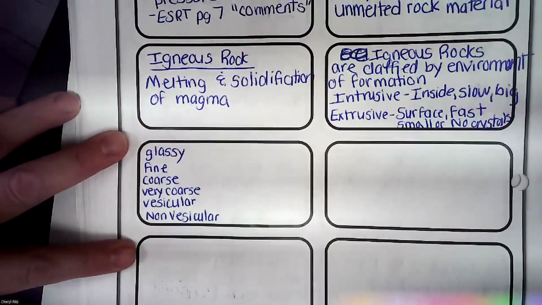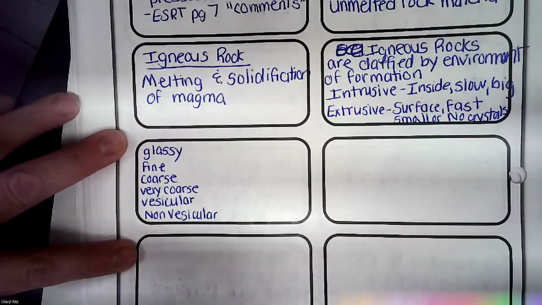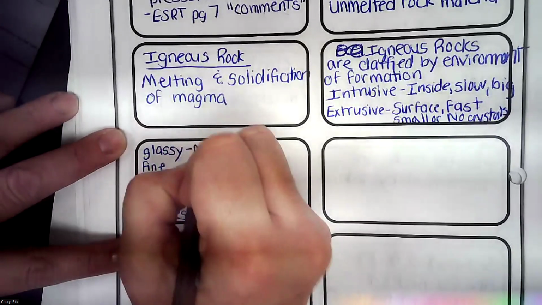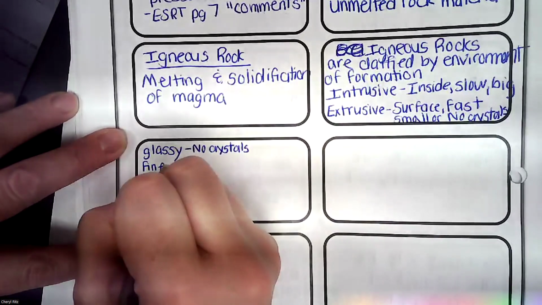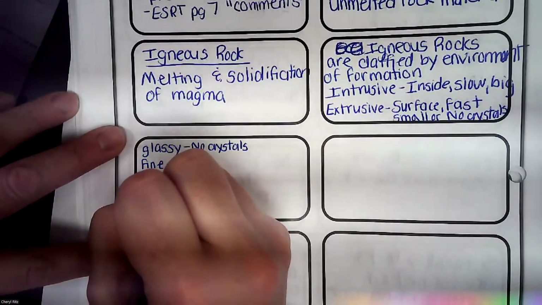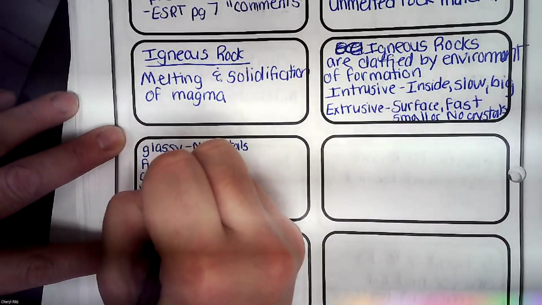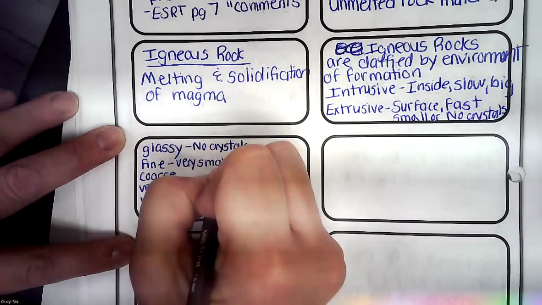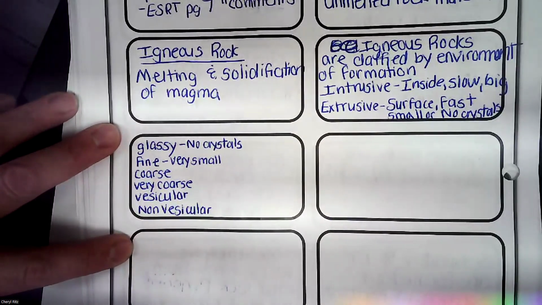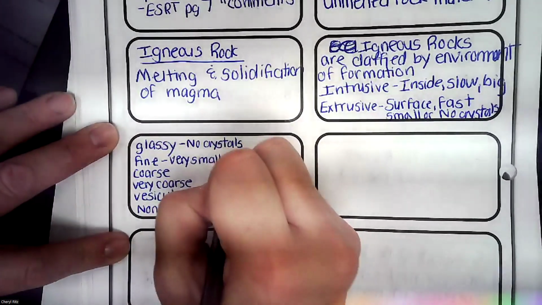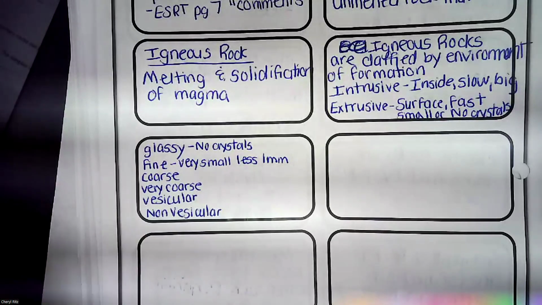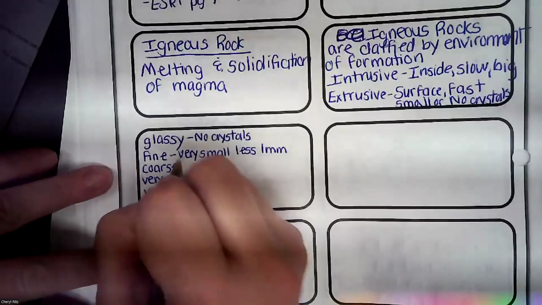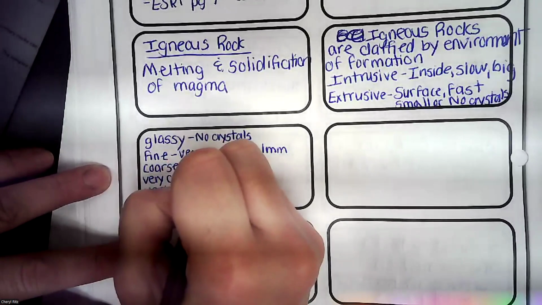What does glassy mean when we're talking about igneous rocks? No crystals. How about fine? Very small. And what does very small mean, according to the Regents? You have to memorize that, right on page 6 of your reference table. Coarse. They are big.